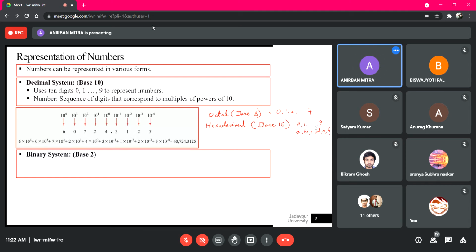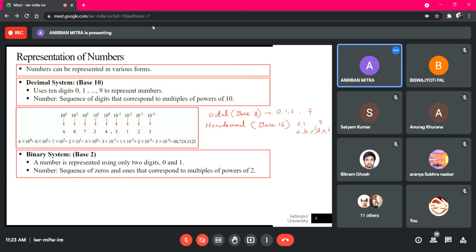So as I was saying, why do we need to study binary systems in much more detail? That is because the computers use binary representation. Here we have only two digits, 0 and 1. Whether it is a fractional number or an integer, it is written as a sequence of zeros and ones.